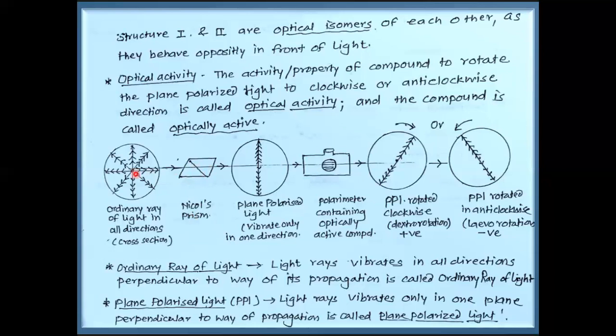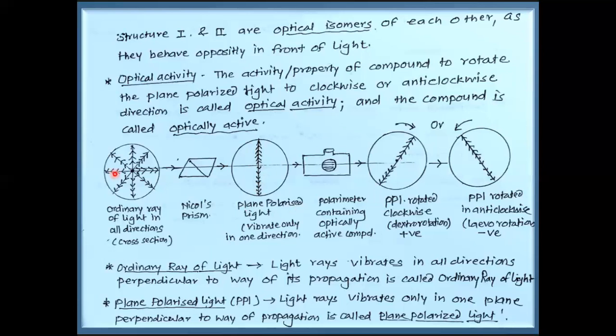When the ordinary ray of light is passed through the Nichol prism, the emerging light, the light which comes out from the Nichol prism, vibrates in a single direction, only one direction. It is called plane polarized light.